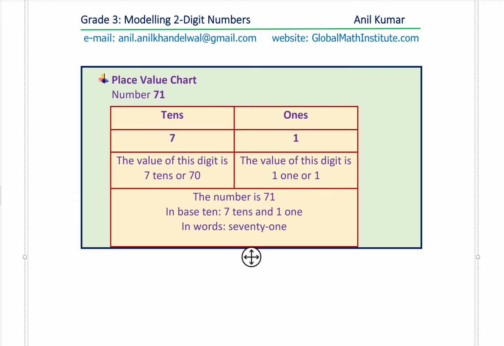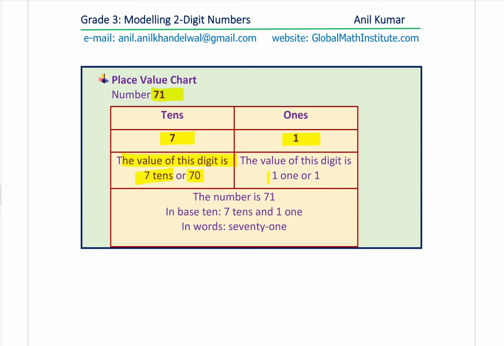Now, let's work with the number 71. Write it on a place value chart. Well, 71 means 7 tens and 1 one. 7 will be written under tens and 1 under ones. So the value of this digit is 7 tens or 70.